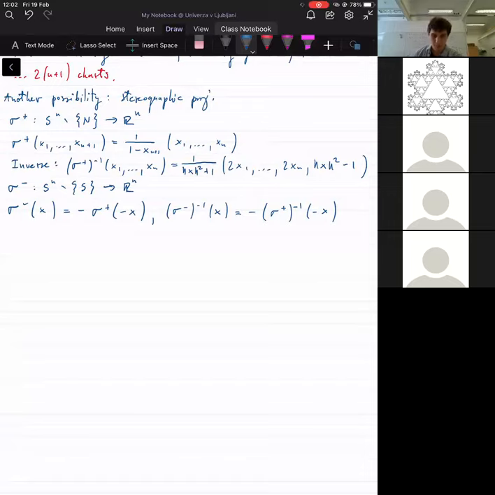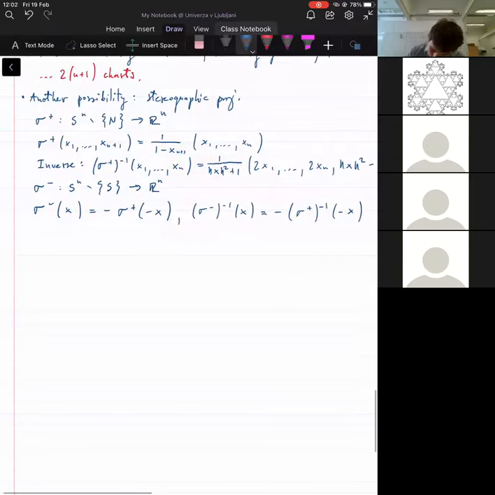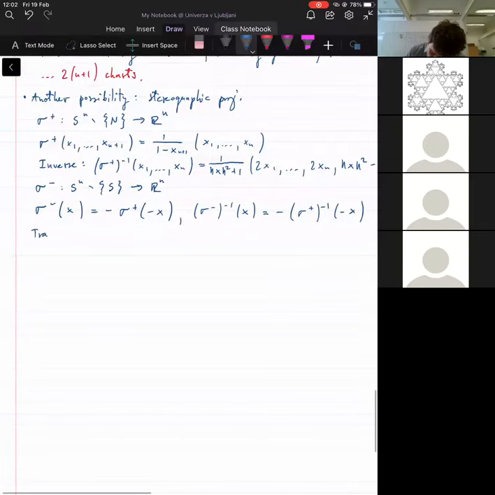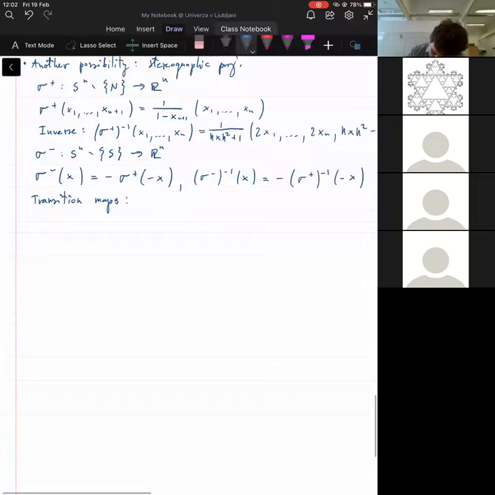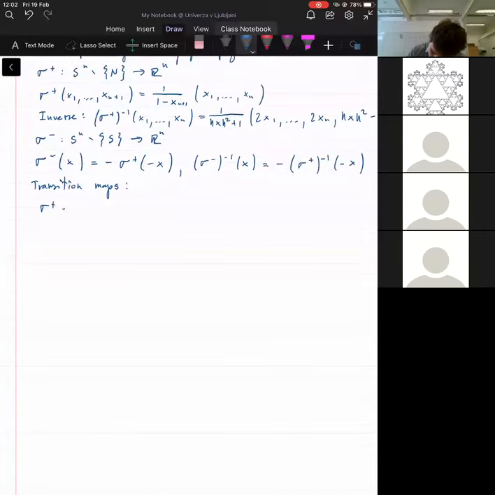Okay, so before we conclude this exercise session, let us just compute the transition maps. The transition maps would be, for example, this one.